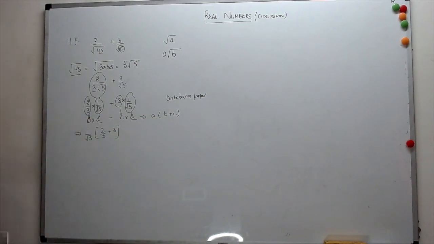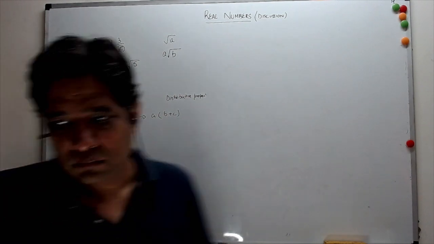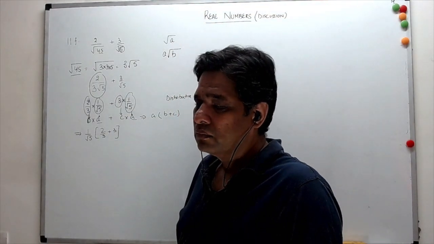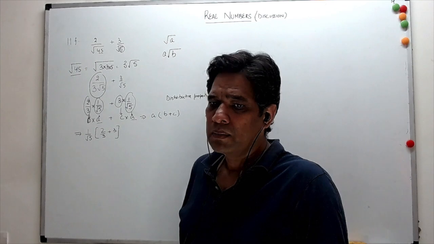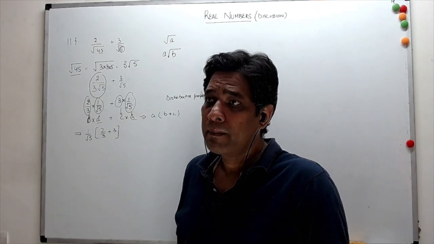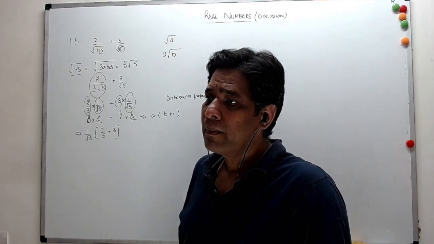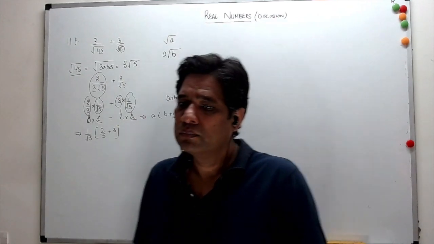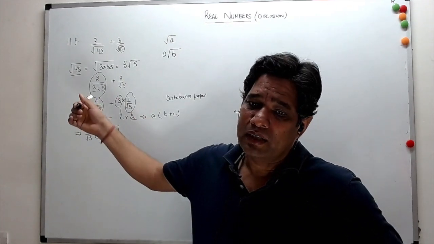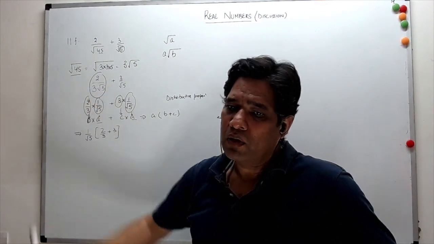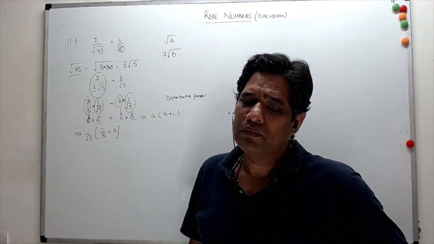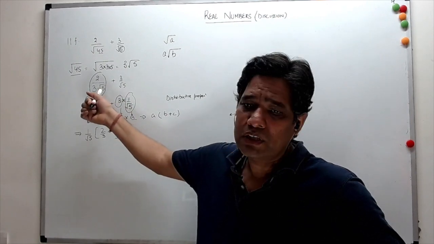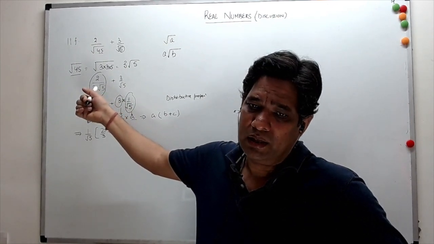Sir, you used the distributive property here, but can we use the property which we used in adding two fractions, by doing the LCM and converting the denominators into the same denominators? Okay, so the fact is that you find LCM of whole numbers, right? You don't find LCM of something which is irrational.